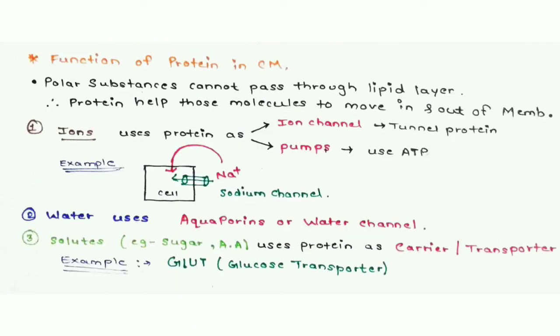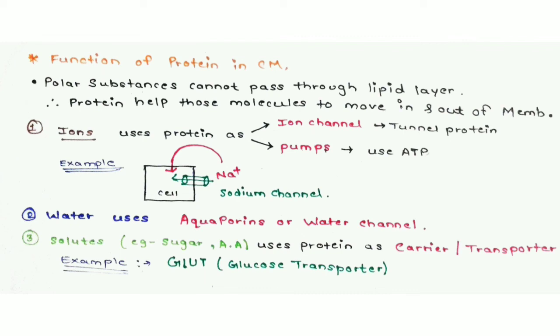Coming towards the function of protein in the cell membrane, the first basic function of it is like polar substances cannot pass through the lipid membrane, so protein acts as a transit and allows these molecules to pass in and out through the cell membrane. So firstly, ions, polar molecules cannot pass, so they use protein as ion channel, that are tunnel protein, or they use it as a pump which uses ATP for the exchange.